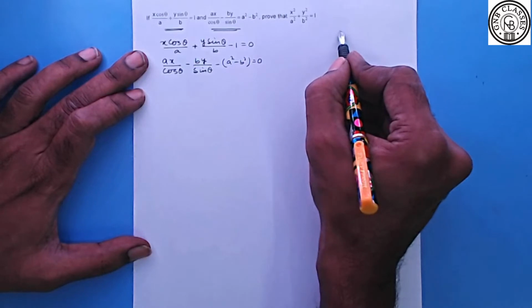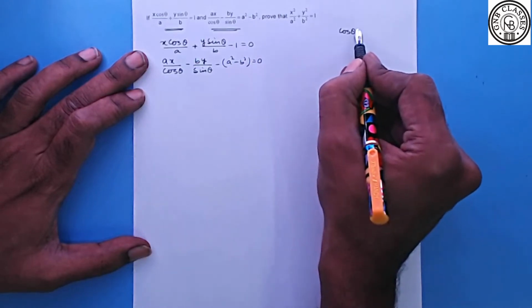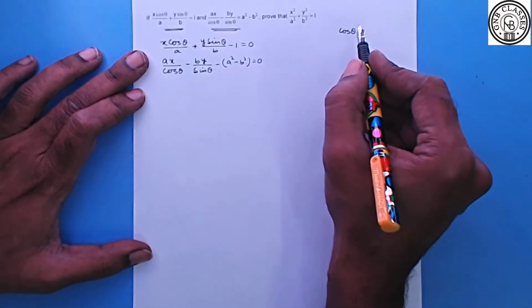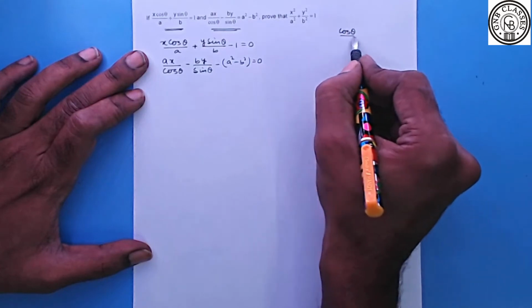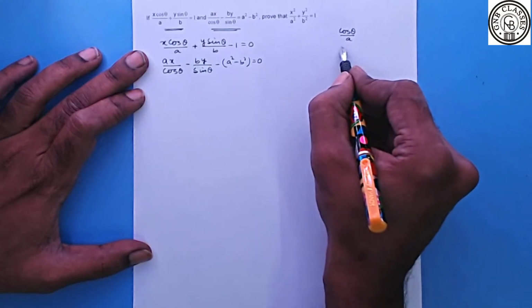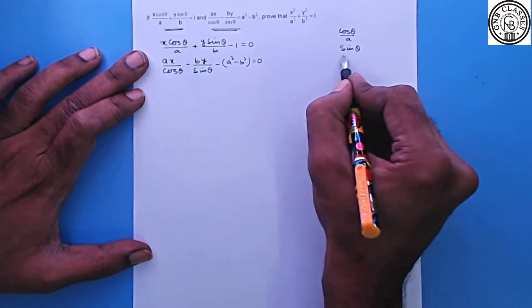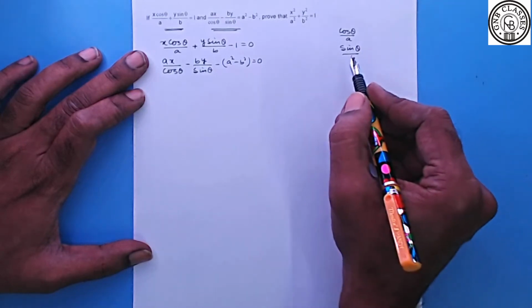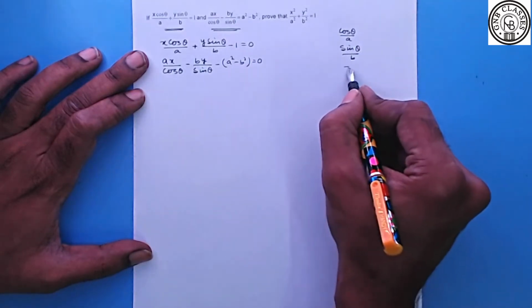First, the coefficient of x is cos theta by a. Coefficient of y is sin theta by b. And the constant term is minus 1.